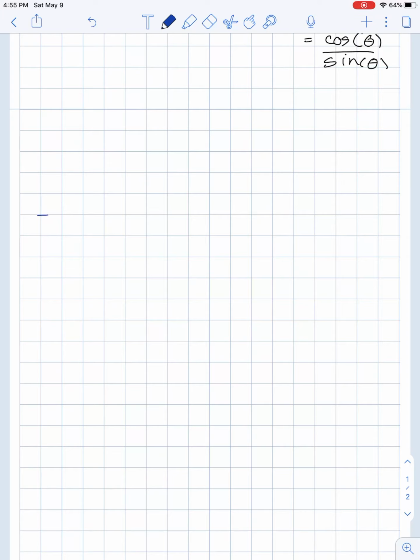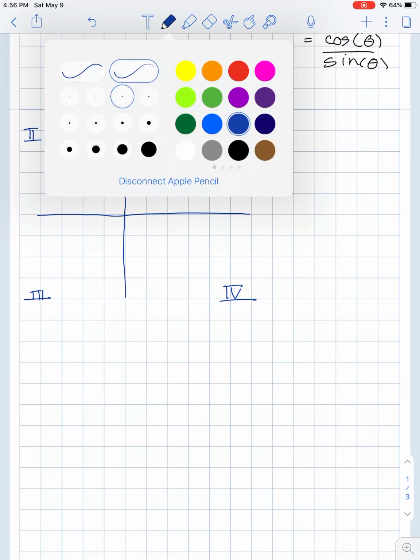We're pretty familiar with the unit circle in the first quadrant. The first quadrant is right here, quadrant 1. Quadrant 2 is right here. Quadrant 3, leaving this one to be quadrant 4.